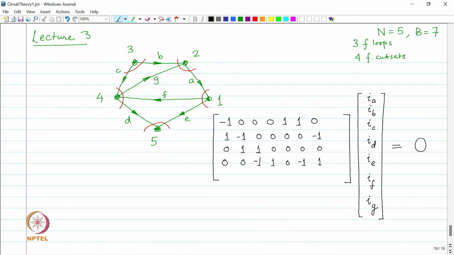And lastly at node 5, minus I D minus I E is equal to 0. Is this okay? Any questions? No. What do you see?